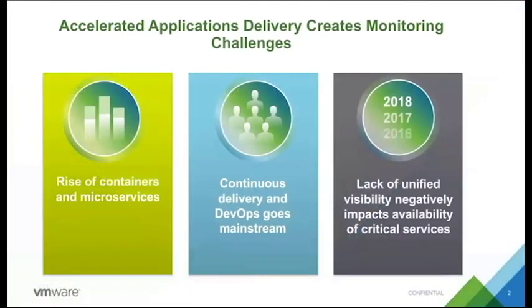So jumping right in here, I just want to give a brief summary of what problem it is we're solving, where the market is today, things like that. So today in 2018, what we have is a rise of containers and microservices, right? So it's becoming very prevalent for a number of reasons, and they're all over the place.